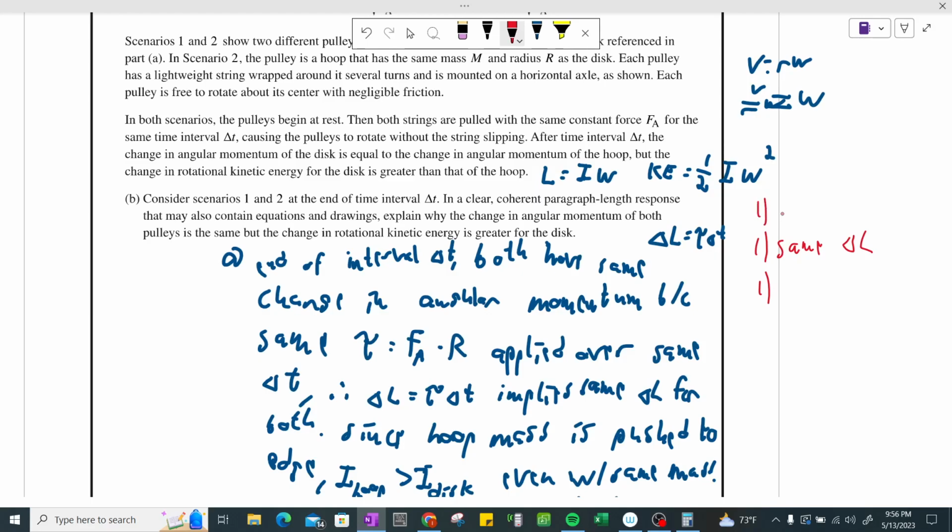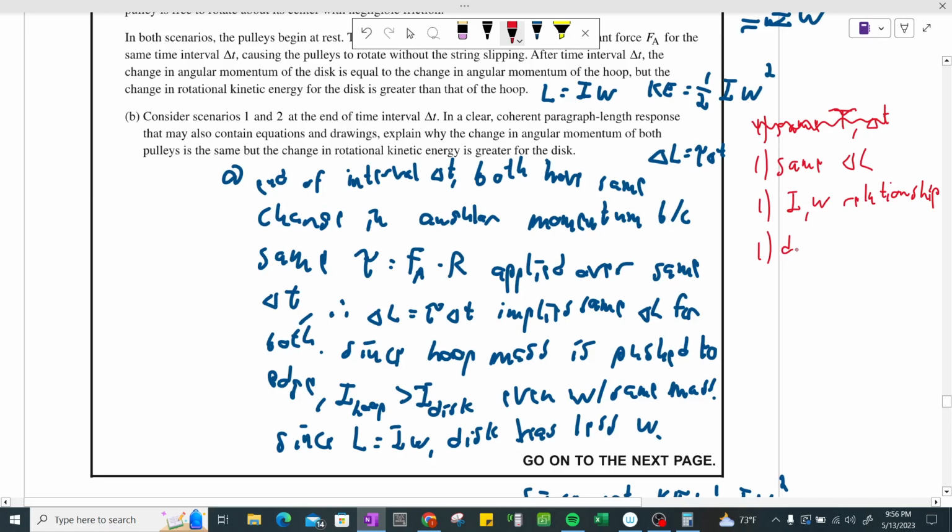Actually, we're going to see 1 point for same torque and same delta T. 1 point for the same angular momentum, 1 point for, I'm going to say, I and omega relationship. So as I gets larger, omega gets smaller, and so forth. Actually, in that case, we can't really fit that one in. We'll see why in a second.